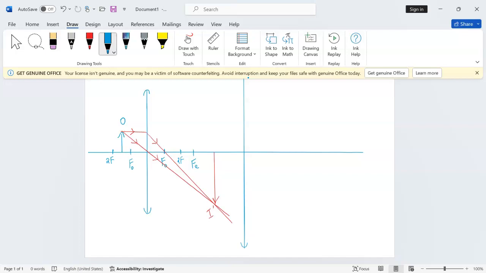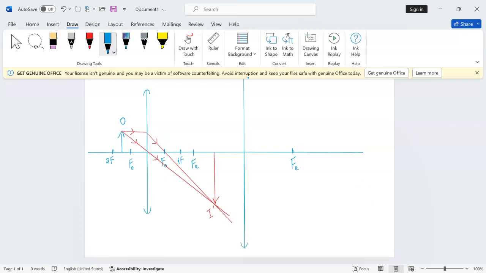So now we can have this distance and an equal distance on the other side to have the same point here. So we can have again F of the eyepiece at this point. Now we can again draw rays and see the formation of the second image.